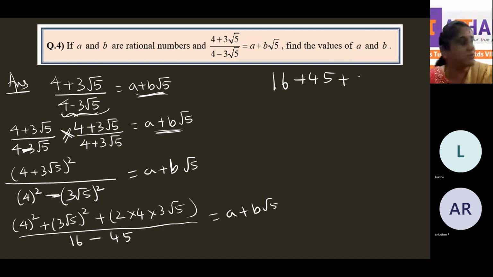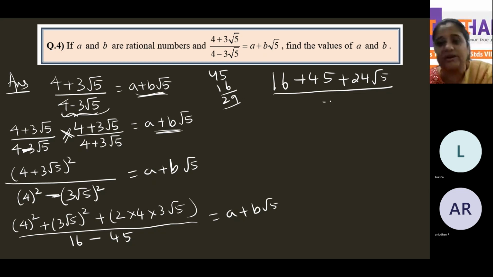Then the next one, plus 2 4s are 8, 8 3s are 24, 24 root 5, divided by what's the denominator? Subtract 16 and 45: it is minus 29. Very good. Is equal to A plus B root 5.